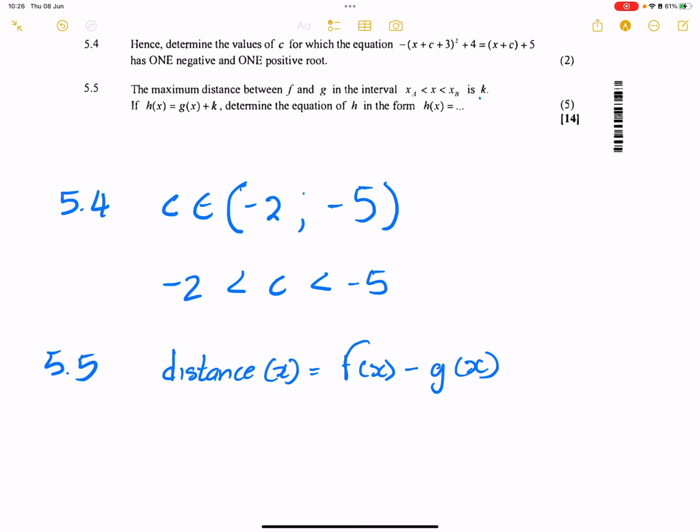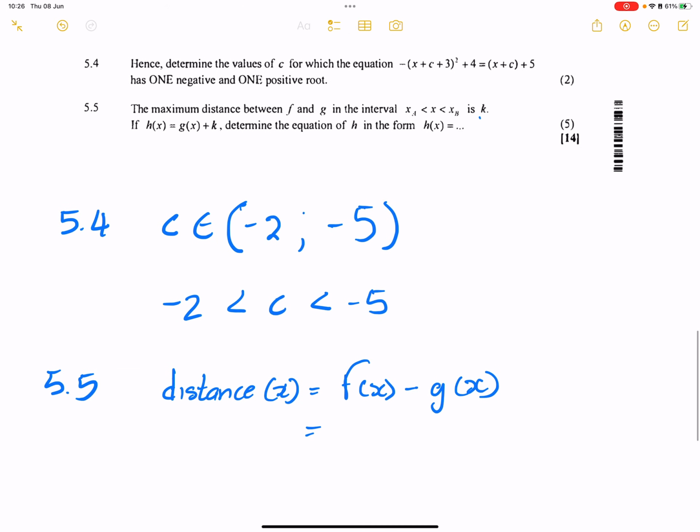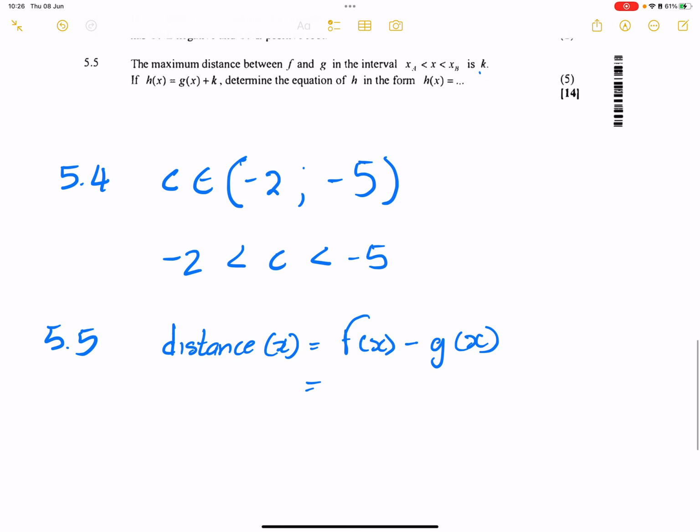So in this case, my f of x, remember, was minus x plus 2 squared plus 4, and that's minus, in this case, x plus 5.